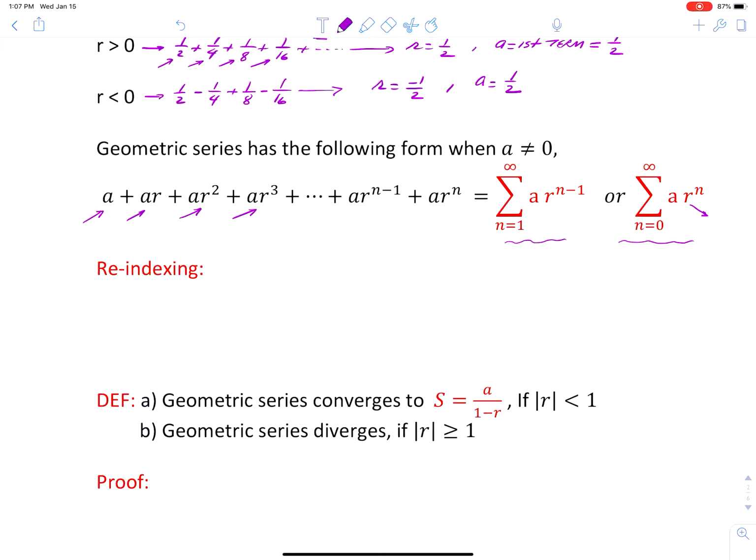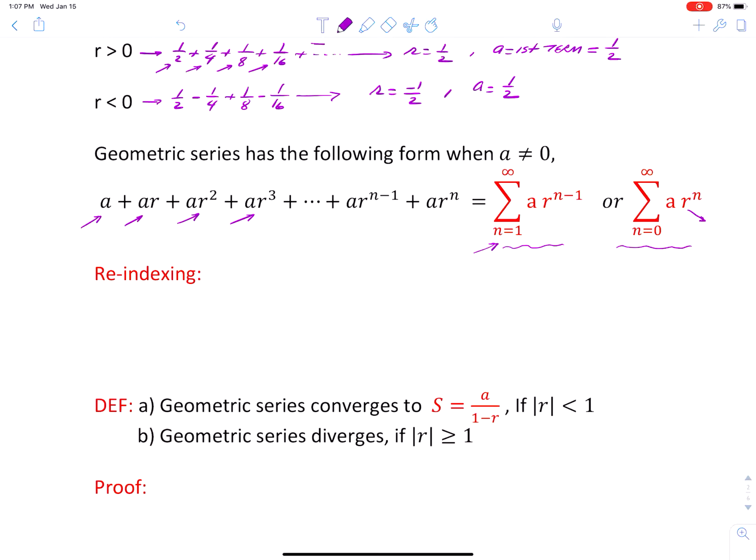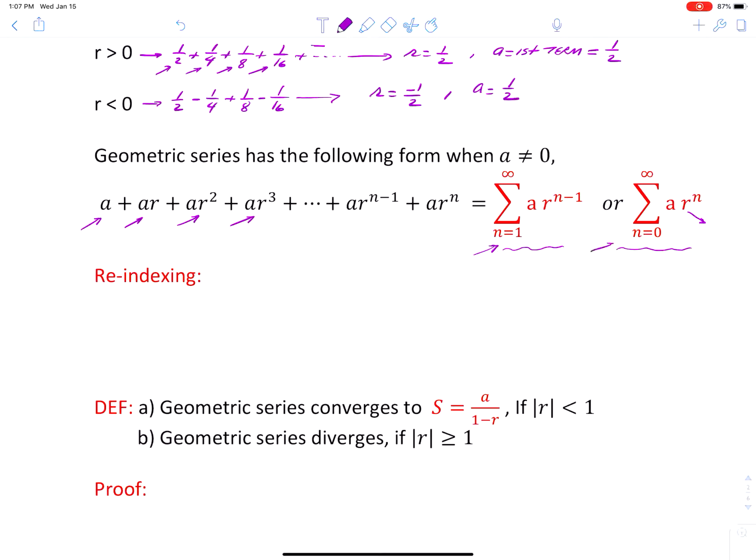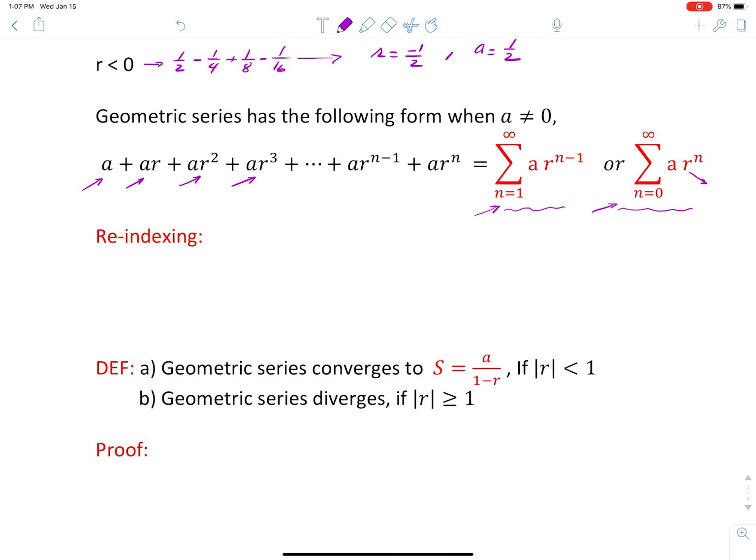Sometimes you could reindex the numbers, and I'm talking about this because in some of the examples, not that many, on WebAssign, you might actually have the correct answer. You come up with n equals 1 to infinity, but the answer choices they give you all start from 0. So you say, how did that happen? So here's an example of how you can write a series and reindex.